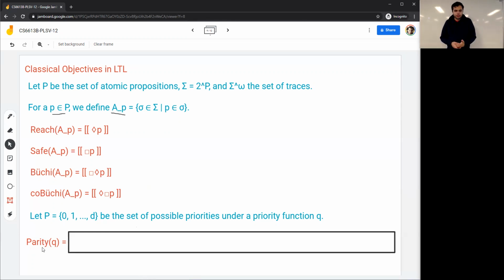The important point here is that the number of priorities is finite. We have d+1 priorities. So what we actually want to say is that the minimum priority that is seen infinitely many times is either 0 or 2 or 4 or 6, and so on, until we reach t. So can you write that in LTL? Any ideas?